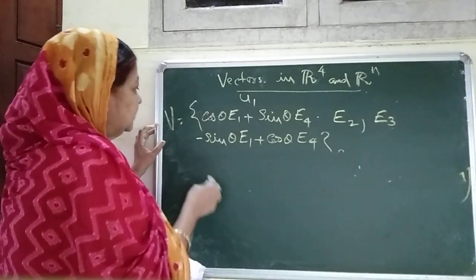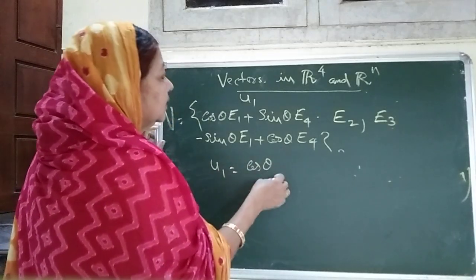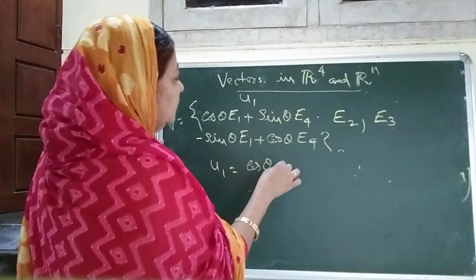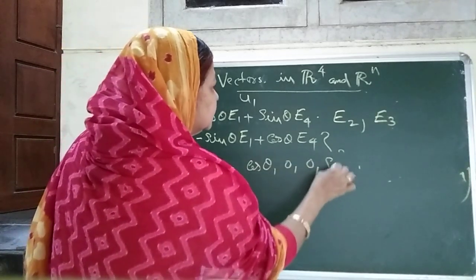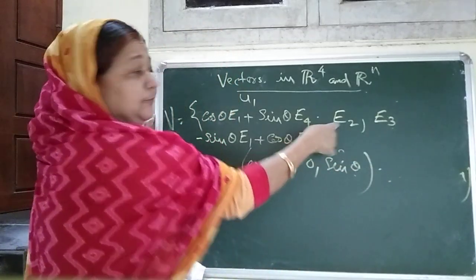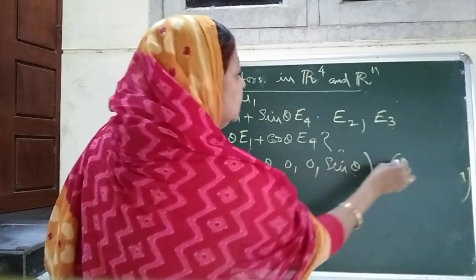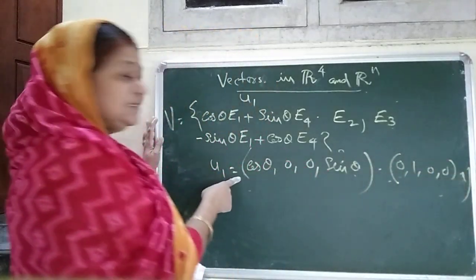For this vector, say u1 equal to cos theta, comma 0, 0, sin theta, dot E2. E2 is 0, 1, 0, 0. What is the dot product?